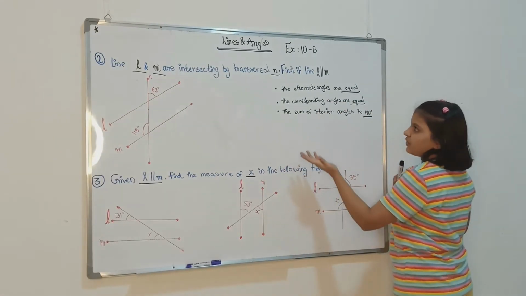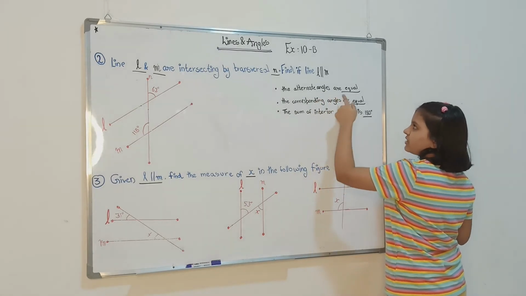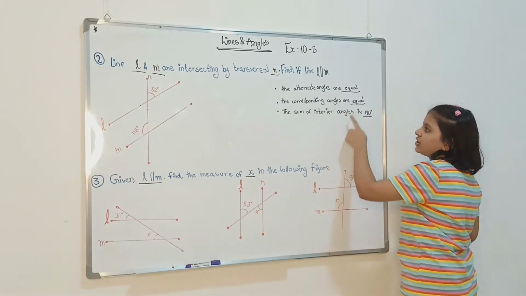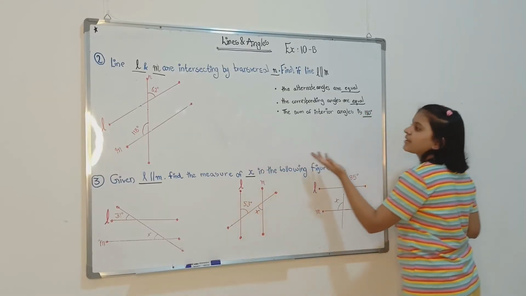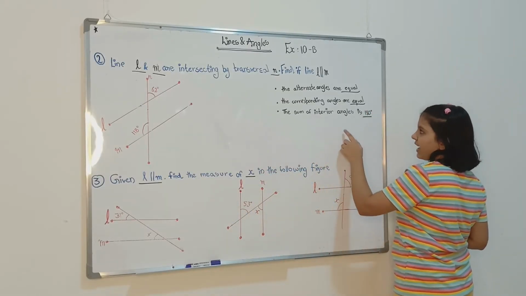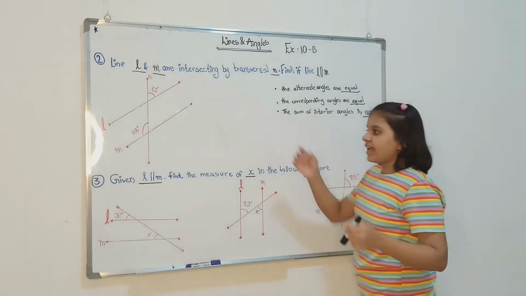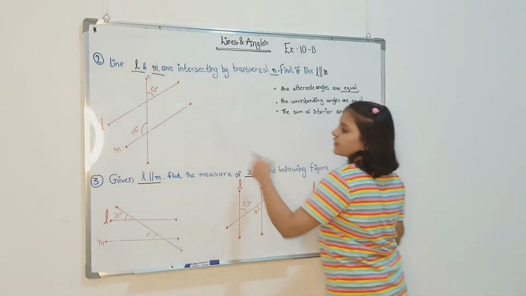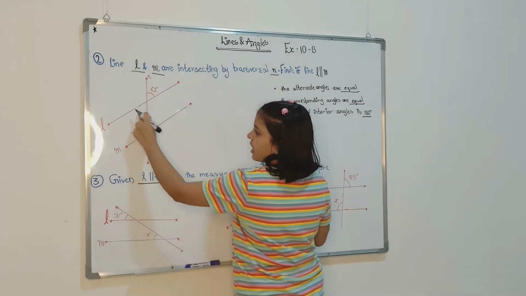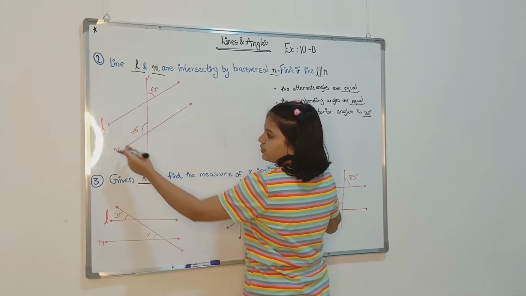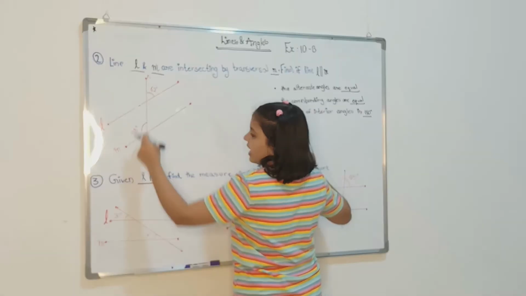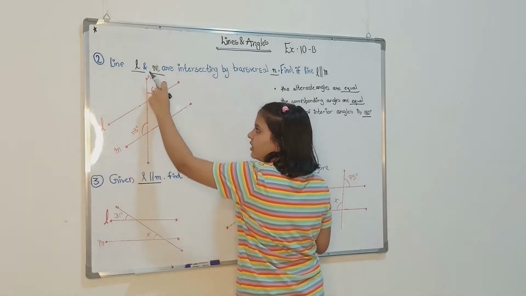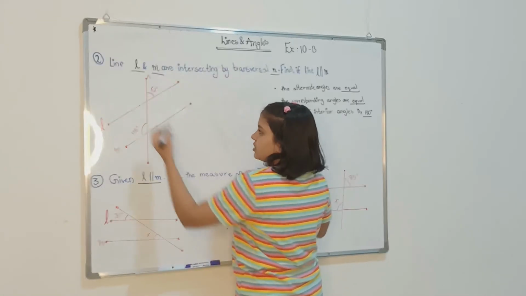The properties were: if the alternate angles are equal, then the lines are parallel. If the corresponding angles are equal, then the lines are parallel. And if the sum of interior angles is 180 degrees, then the lines are parallel. Here we prove the third property. We don't have an interior angle, but line L and line N are intersecting, which means these two are vertically opposite angles and they are equal.